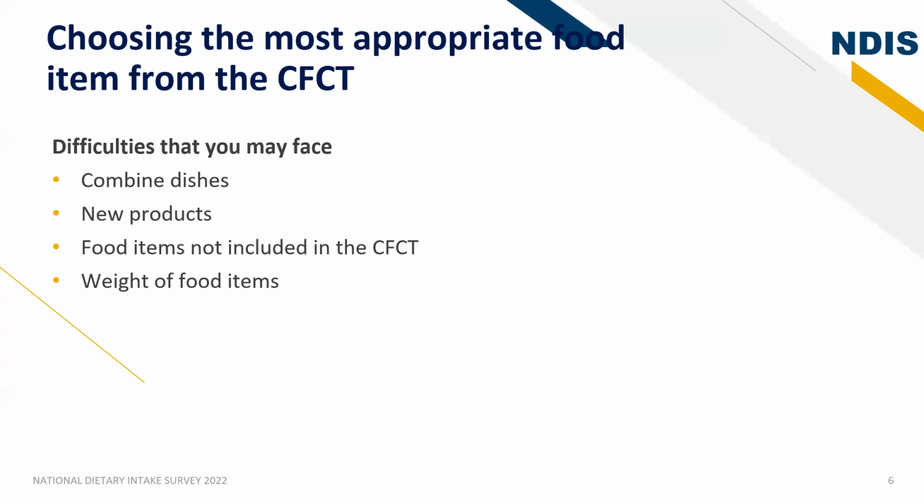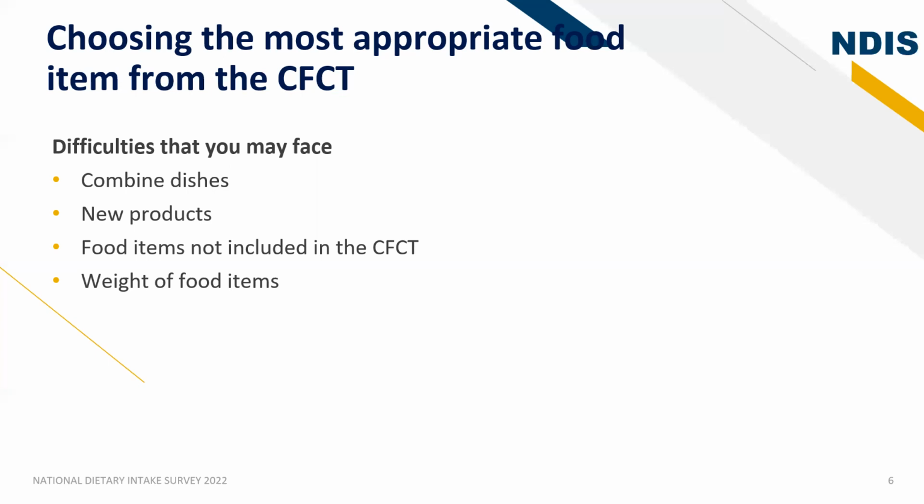New products are also difficult. The food composition tables are not kept up to date as fast as the new products come out. New products come out on a weekly basis sometimes, and you know, products also leave the market, so it can be a bit of a difficulty deciding on which codes to use for new products.